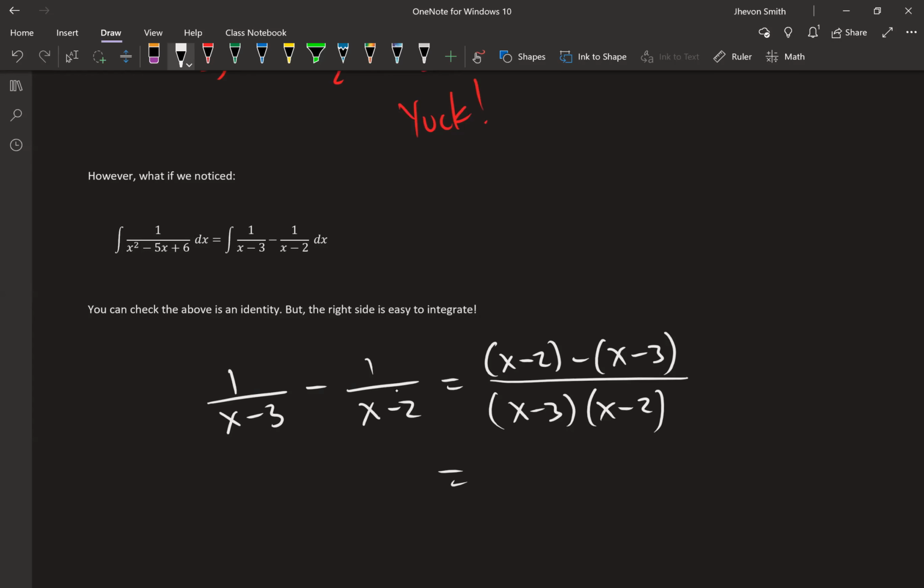On the top, the x's are going to cancel. You would have minus 2 plus 3, which is just a 1. And when you multiply out the denominator, you get x squared minus 5x plus 6. So it turns out that this fraction here is actually the same as those two fractions there.